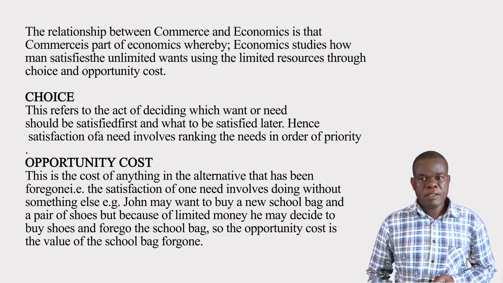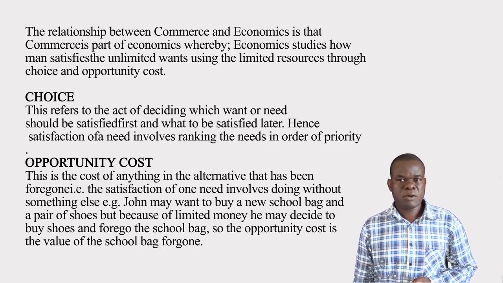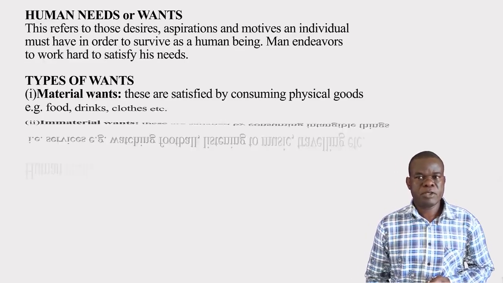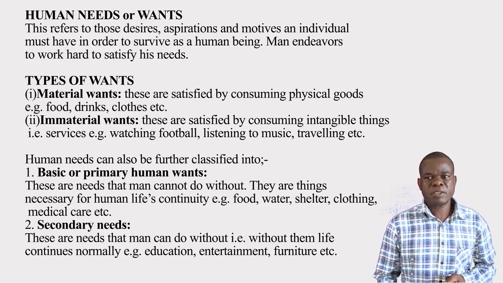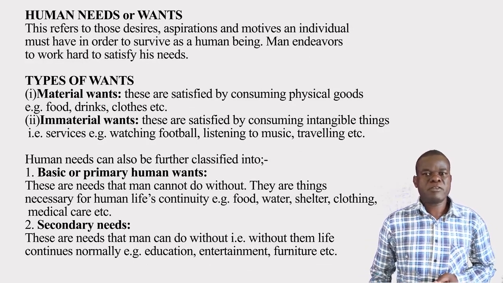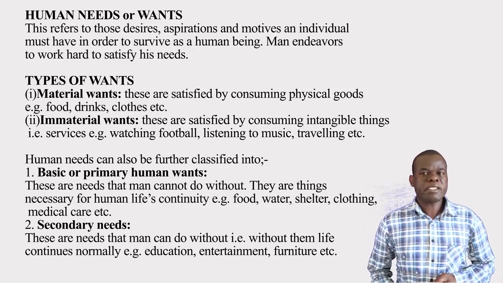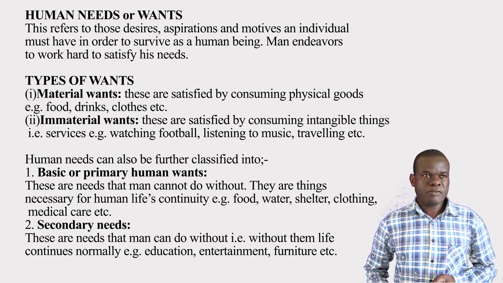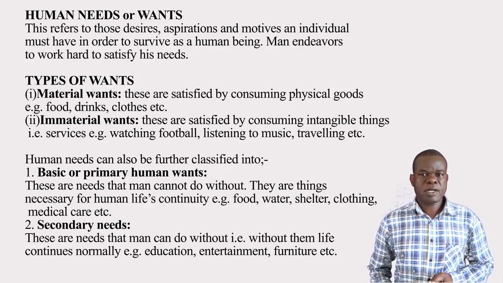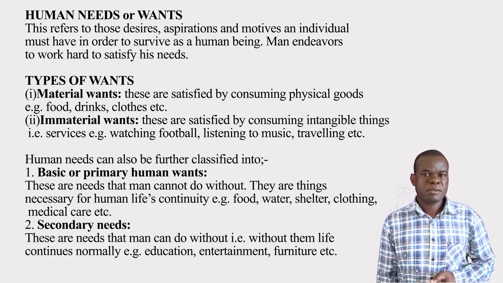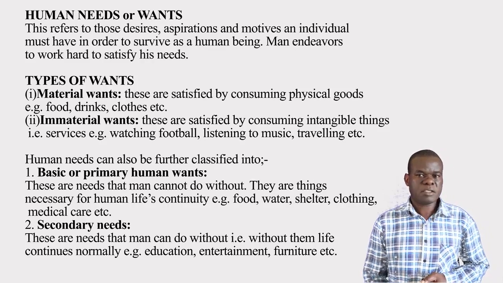Then we have the needs or human wants. What do we mean by human wants? This refers to those desires, aspirations, and motives that an individual must have in order to survive as a human being. So man always works hard to satisfy human needs. These needs or wants are classified into two.